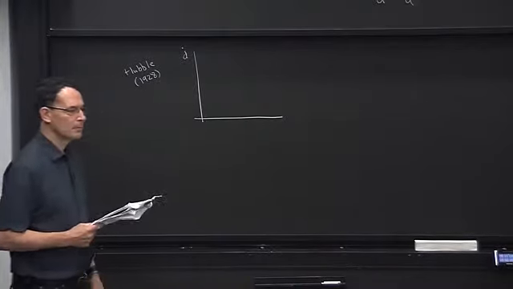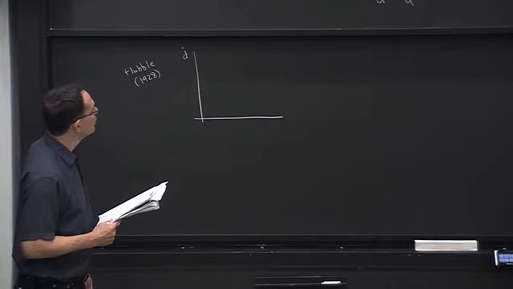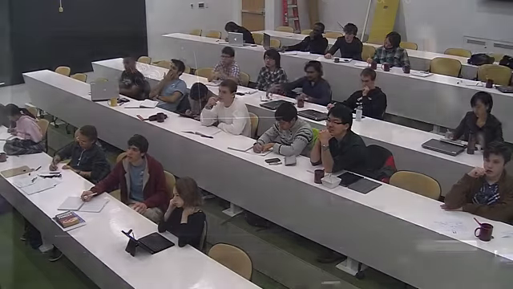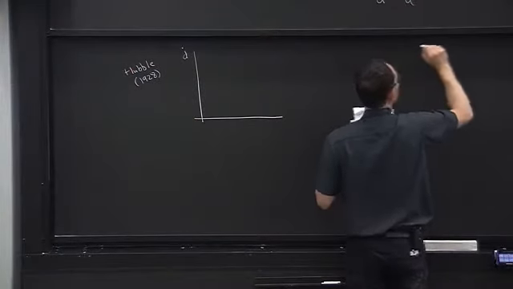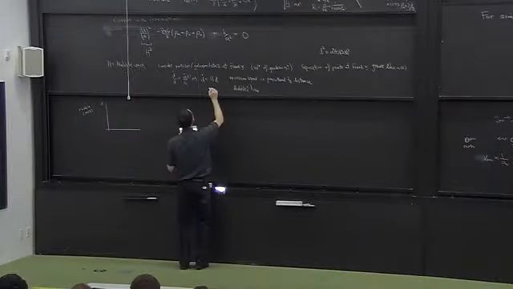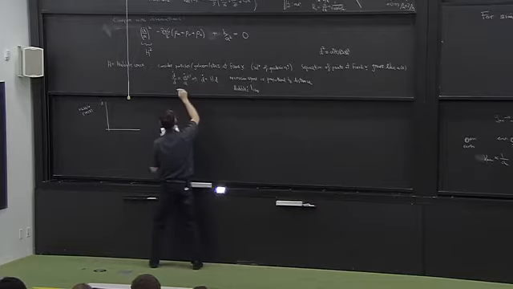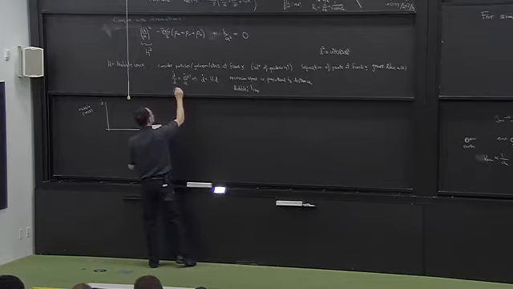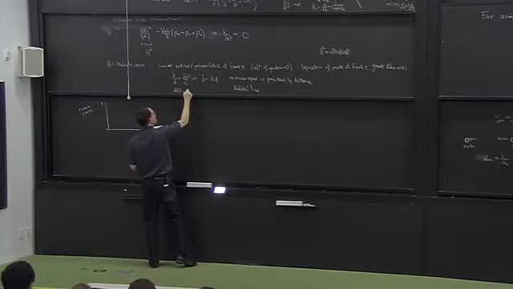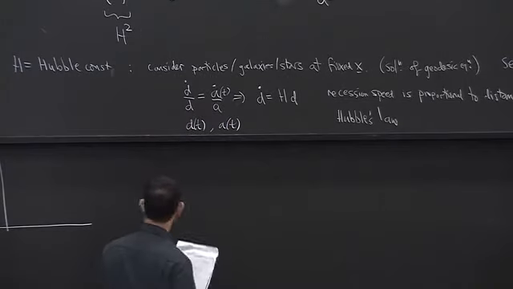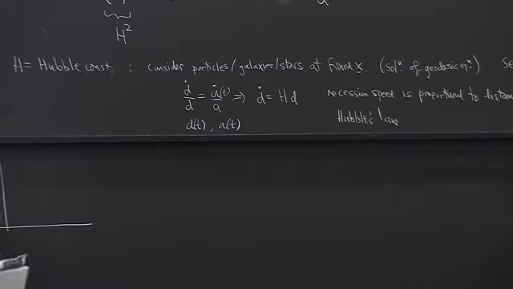Sorry, can you just remind us why a dot over a is in fact constant? It's not a constant, it's a function of time. Okay, so it's a good point. In this equation, D is a function of time, and A is a function of time. When we say Hubble's constant, it's not constant. So it should be called maybe Hubble parameter. I don't really like that either, but some people call it the Hubble parameter.